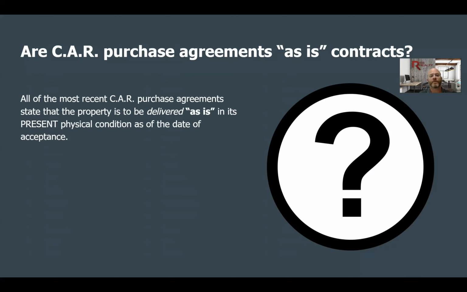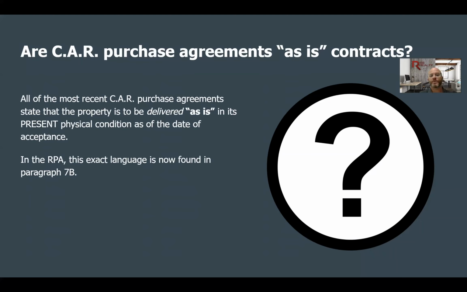So all the most recent C.A.R. purchase agreements state that the property is to be delivered as is in its present physical condition as of the date of acceptance. So what they've done now is they've actually defined as is instead of just kind of throwing it in the contract. They've given it a definition now.